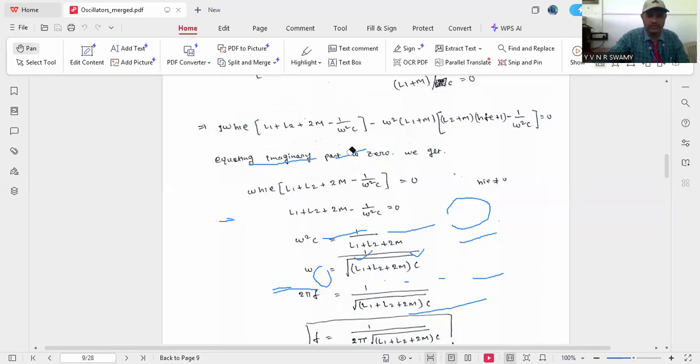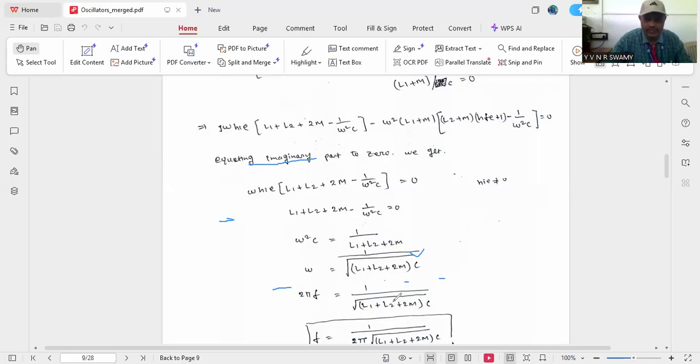Where is the imaginary part? So this is the imaginary part. So j omega HIE (L1 + L2 minus 1 by omega square C) equal to 0. Then L1 + L2 minus 1 by omega square C equal to 0. Omega square C equal to 1 by L1 plus L2.